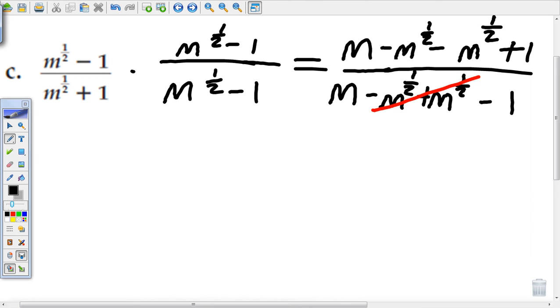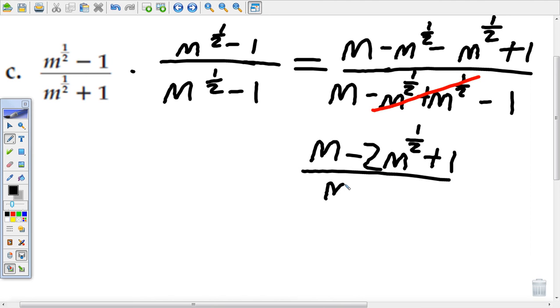So, then in the numerator, are there any like terms? Any apples? Yes. How many m to the 1/2s are there? Negative 2 of them. Does it cancel?